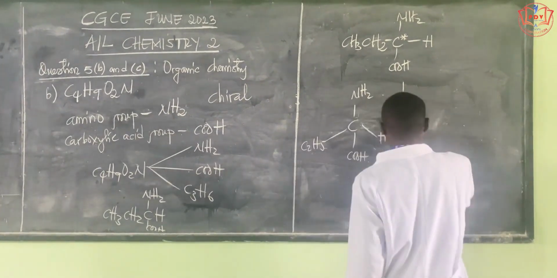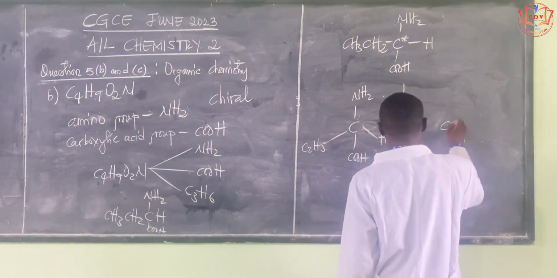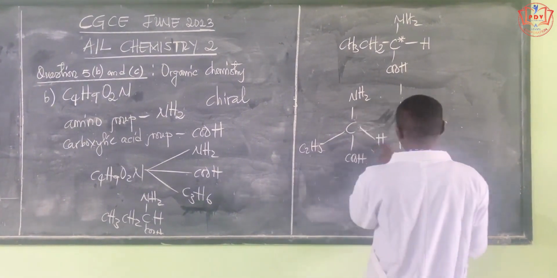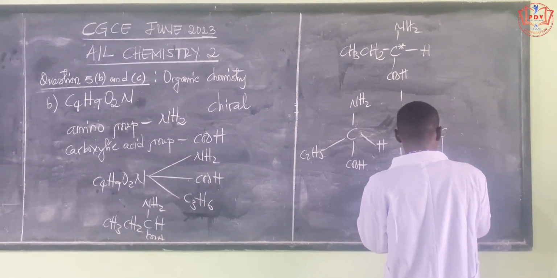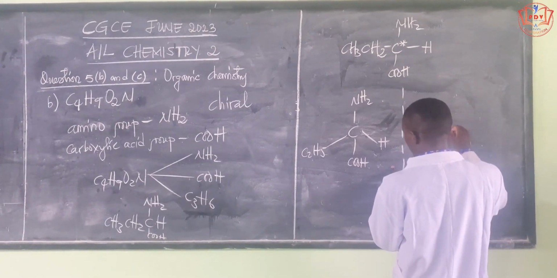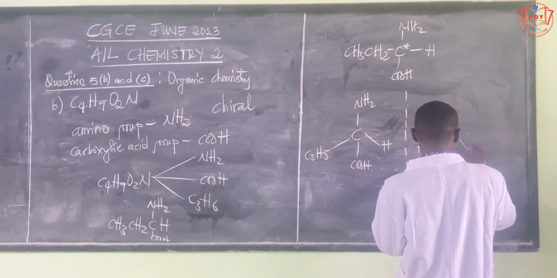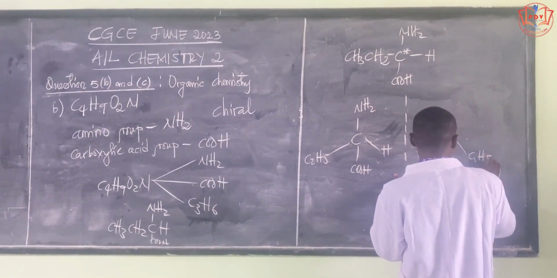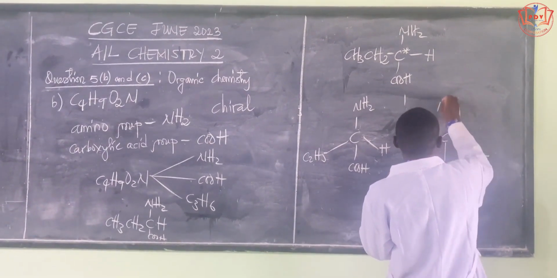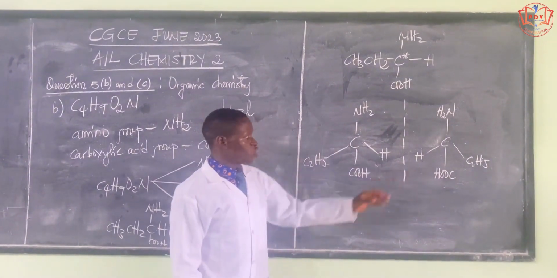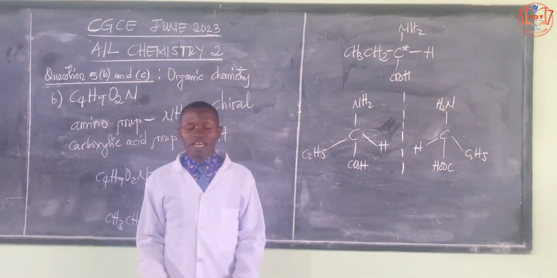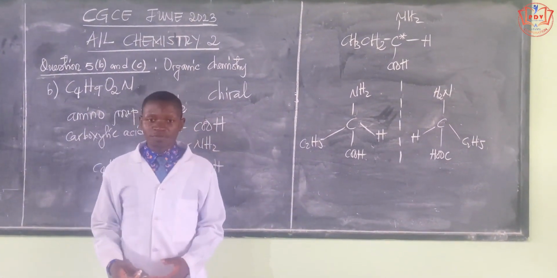The middle line, on the other side we have C, hydrogen, here HOOC, then here we have C2H5 and we have H2N. So those are the structures for the optical isomers of the compound.